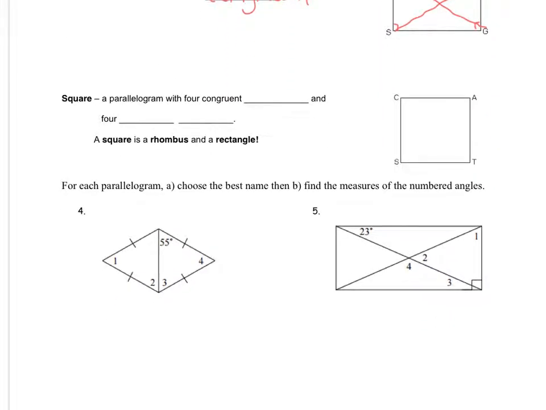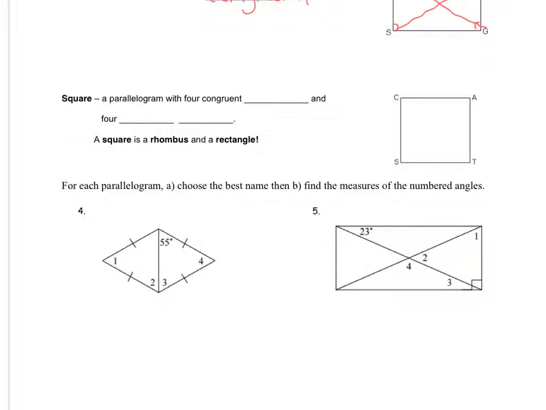So as we move down to square, as I said last class, it's what would happen if a rhombus and a rectangle had a baby. A square is both a rhombus and a rectangle, so it's that very, very special parallelogram.